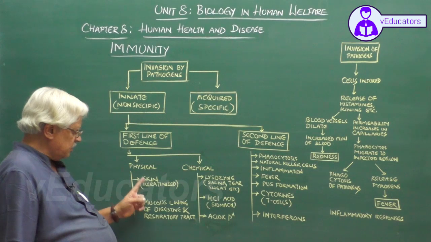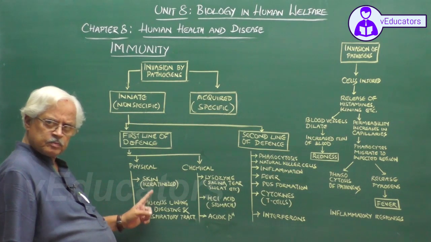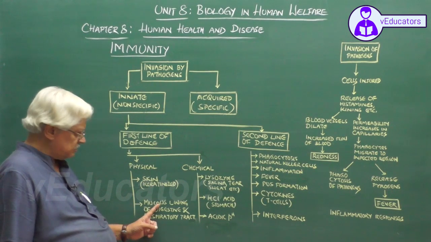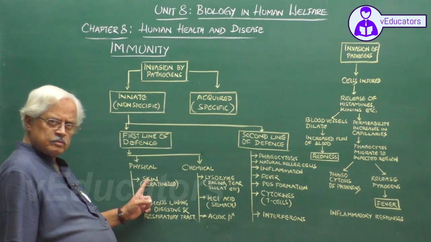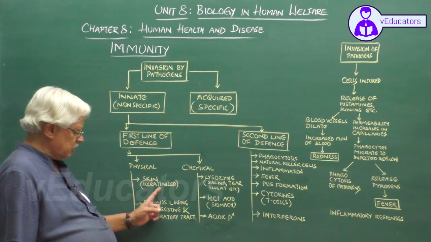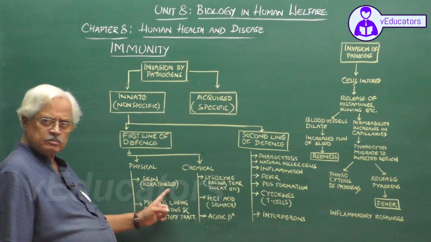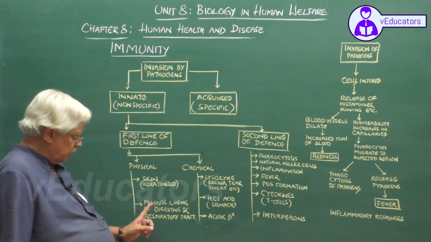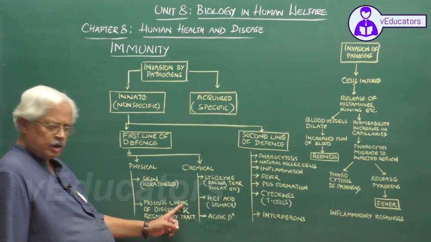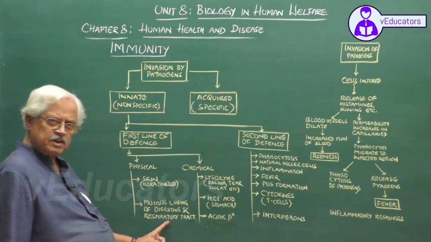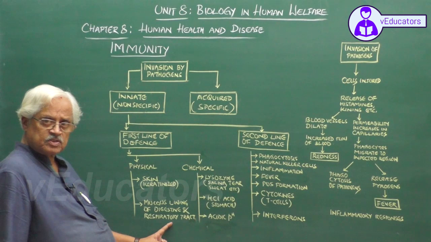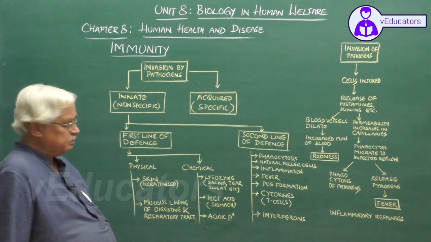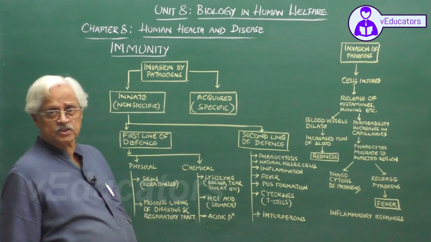Physical mechanisms are in the form of barriers preventing the entry of pathogens, like the skin, the keratinized layer of the skin that prevents the entry of pathogens, or the mucous lining along the entire length of digestive and respiratory passages for trapping and preventing the pathogens.